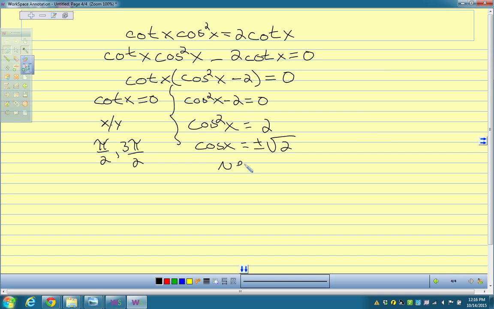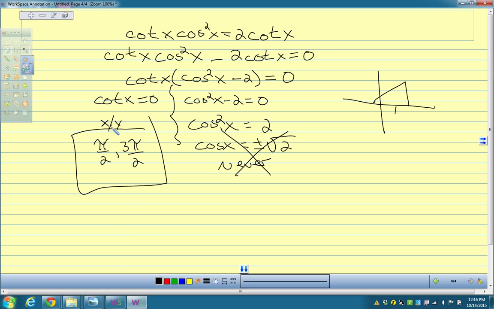Because remember, cosine is adjacent side over hypotenuse. Cosine only goes between -1 and 1, right? So this would be outside of the range of cosine. You couldn't find a value there. So this one you throw away, and so these are your two answers.